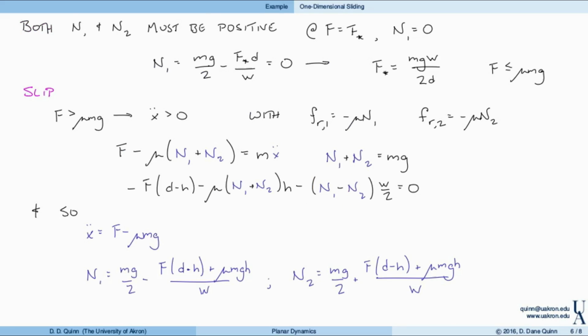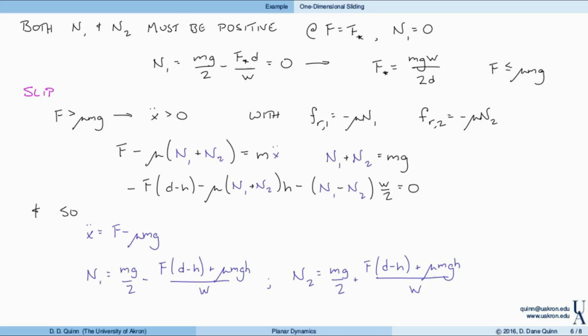If that value is positive, then this last piece is always positive, but because it subtracts off of mg over 2, N1 could be negative. In contrast, N2 is always positive if d minus h is positive, because then both of these terms are positive.